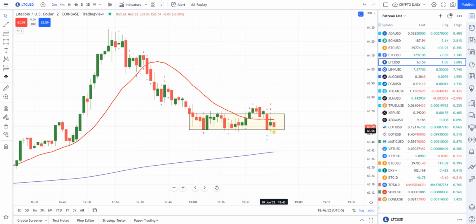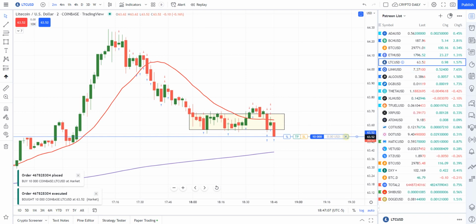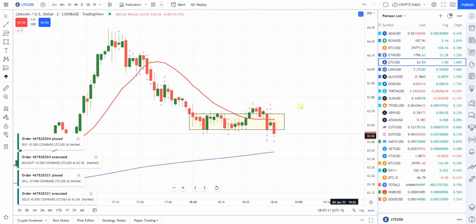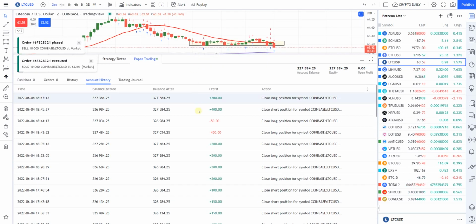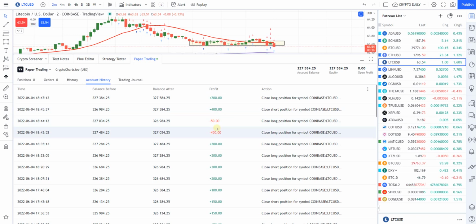Now, if we dip down there again, might take a long position. Okay. All right. So we're back. Up 50 from down. This 5. We're up a little bit now.